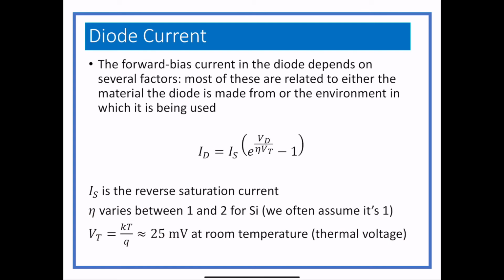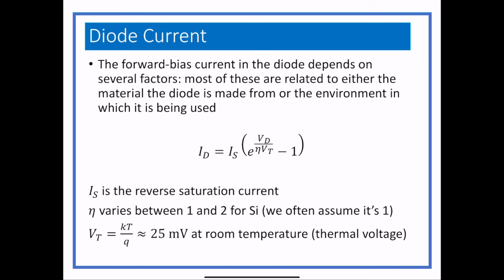And eta is a number associated with the material that you use, between 1 and 2, that can be calculated. We generally assume that it's 1 to make things easier. Depending on what kind of diode you're using, it is possible to get the characteristics of the diode and figure out the value of N, or eta. You might see it as an N or an eta, but usually 1 is a good number to use when we're talking about actual devices.